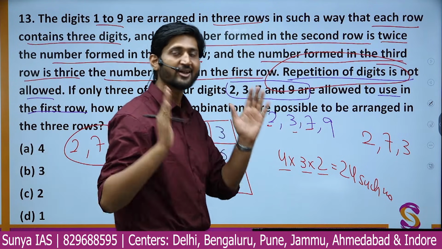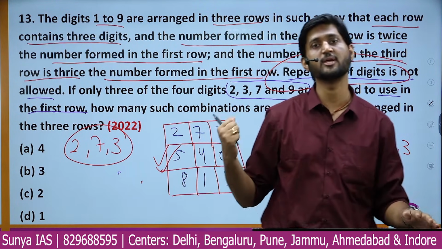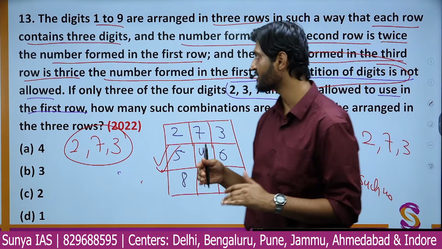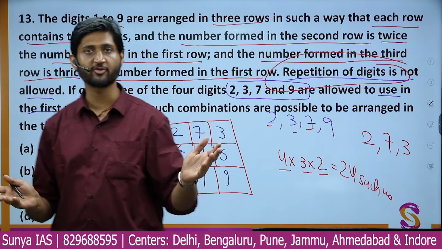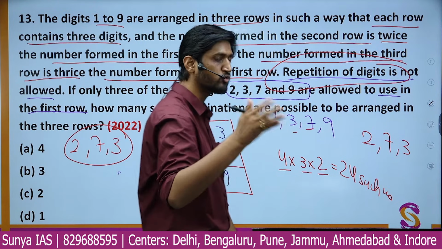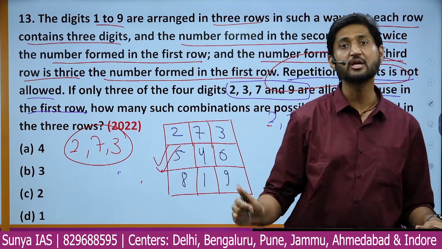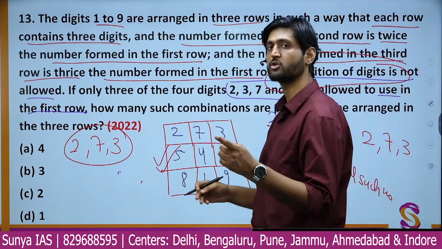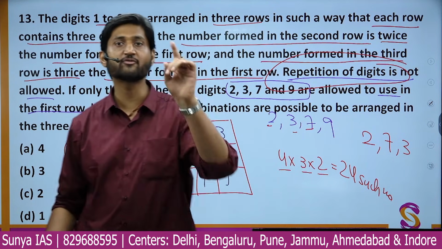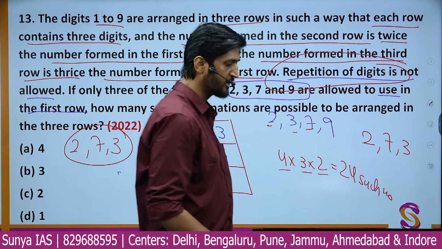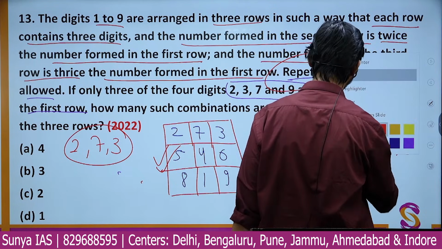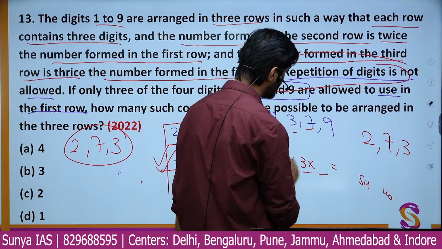So you can understand how time consuming this question can be. This single question can waste around 30 minutes of your time, in which you can do at least 20 to 25 questions. These questions, as I have told you previously also, are big red flags that you have to avoid strategically, right?